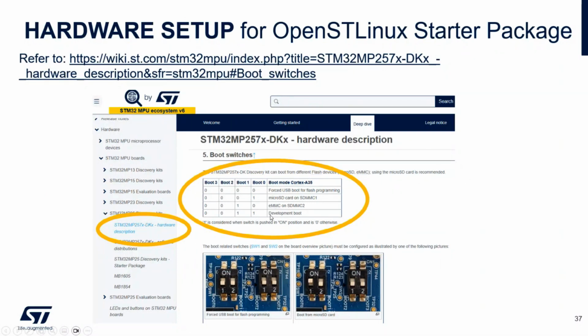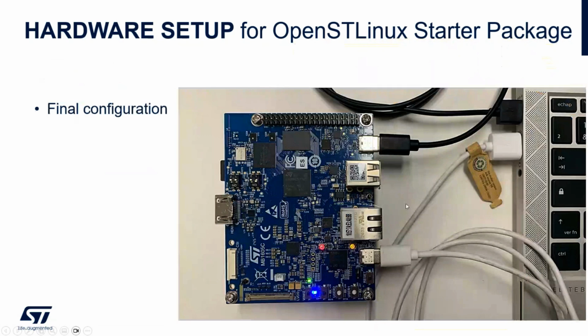And you have a last one for development, the engineering mode. We also call it development mode. It's for when you are using Cube IDE and you want to download your firmware inside the Cortex-M33. So yes, this is the final configuration. You have just two cables connected to the PC.